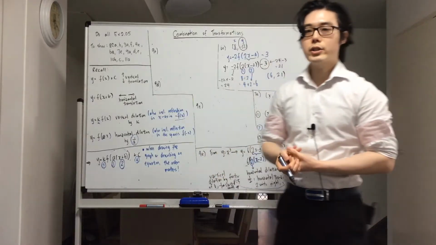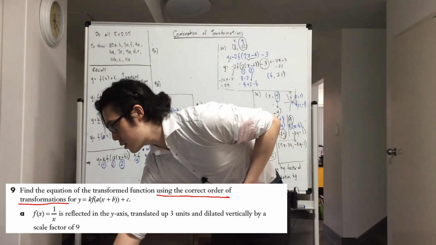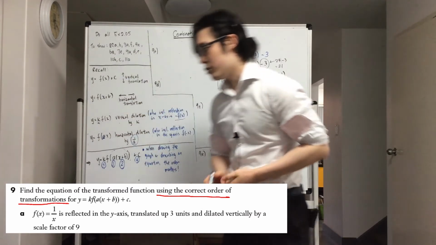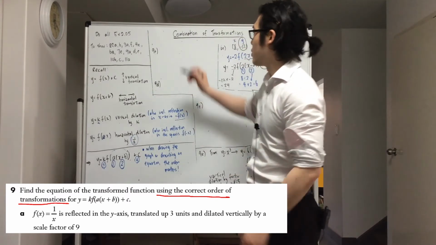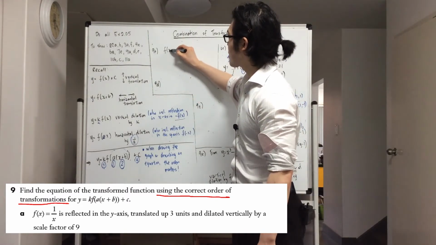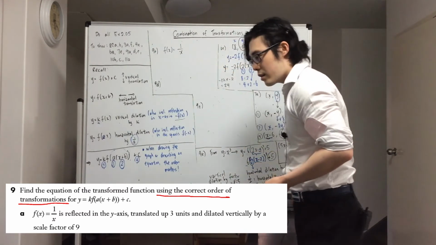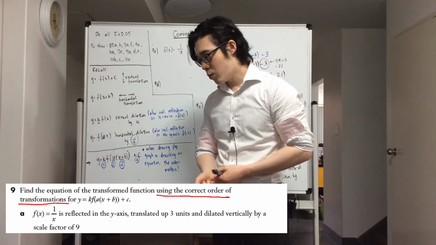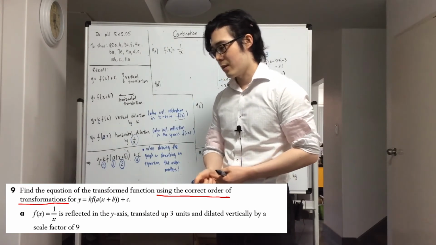So let's have a look at question 9a. It says, find the equation of the transform function using the correct order of transformation for question 9a. F of x is equal to 1/x. Now, in the question, it says it's reflected in the y-axis, translated up 3 units, and dilated vertically by scale factor of 9.